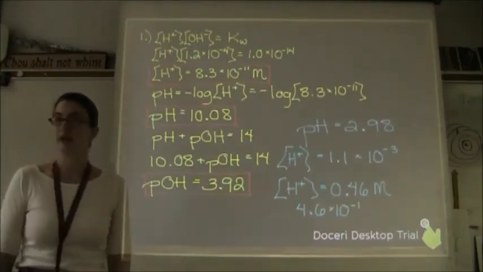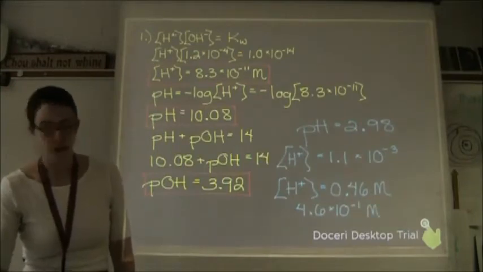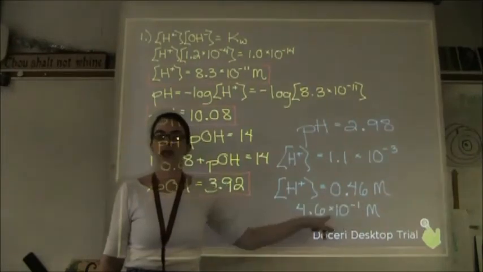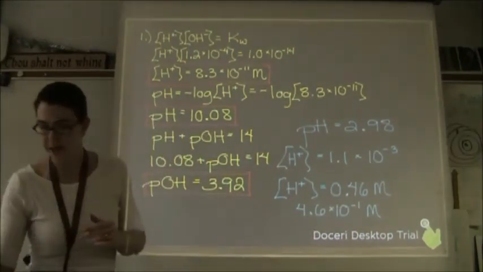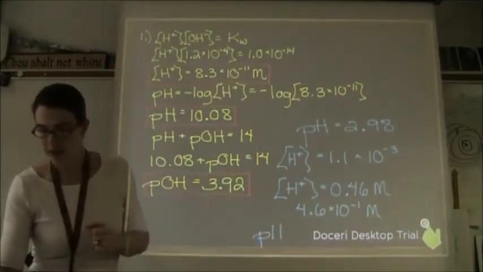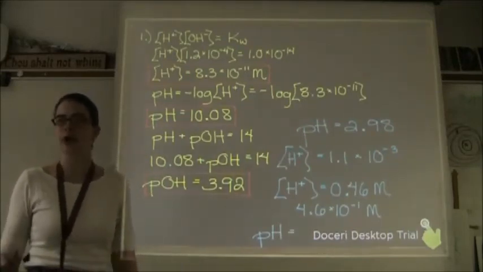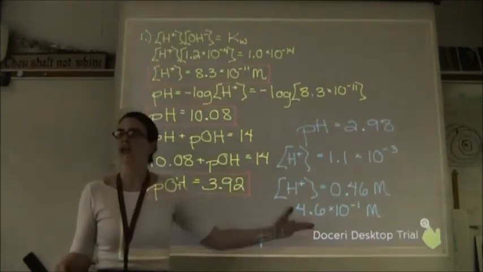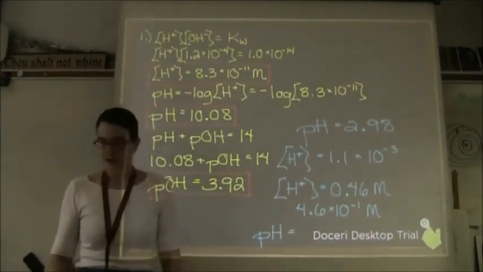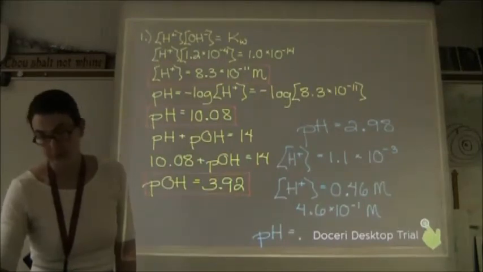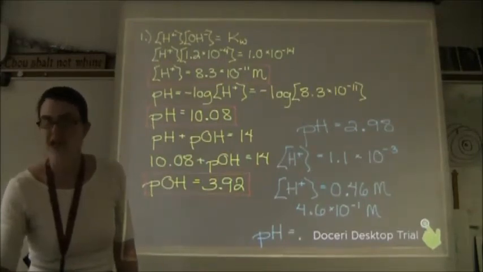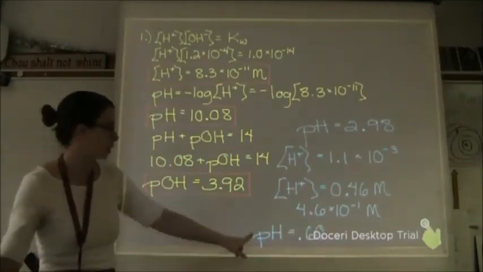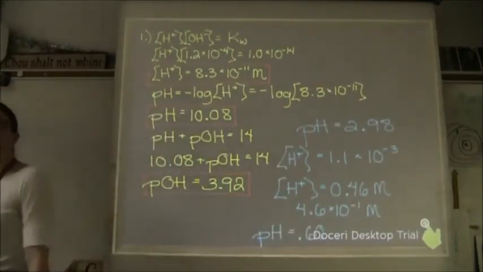Negative 1. So this is going to be a pH of, can you give me an estimate? Is it going to be above 1 or below 1? Below 1, and that's almost to 5. So maybe 0.6. Yeah, that's probably a pretty good estimate. Like 0.60.